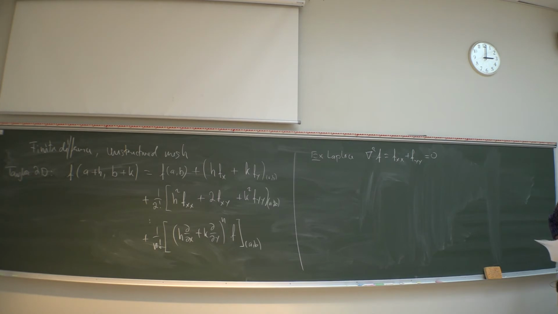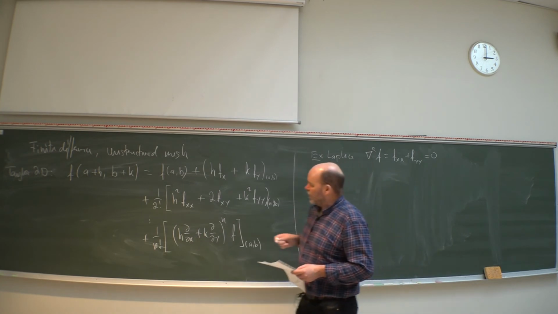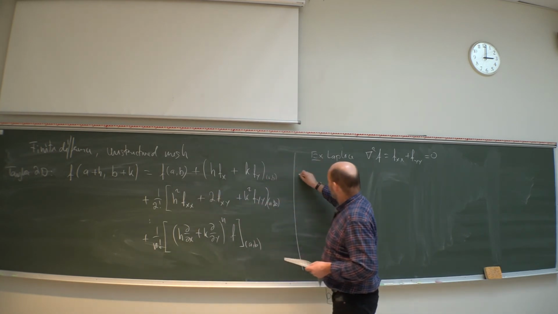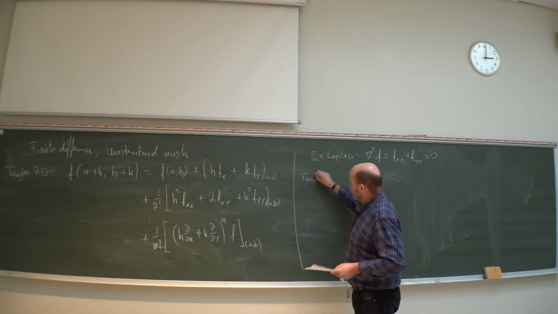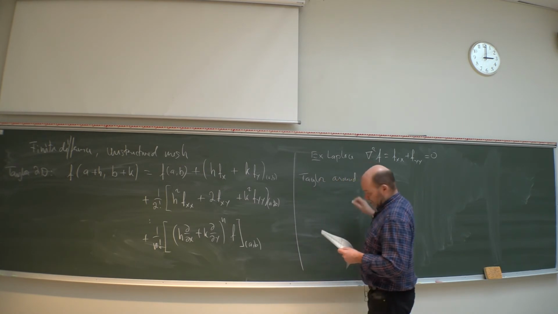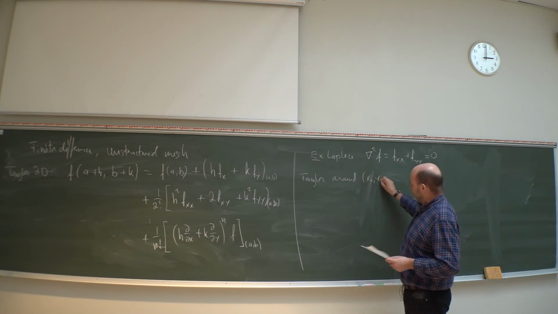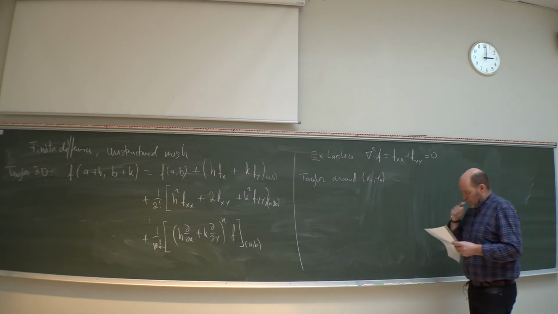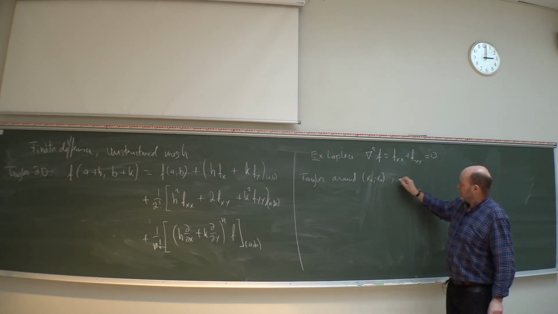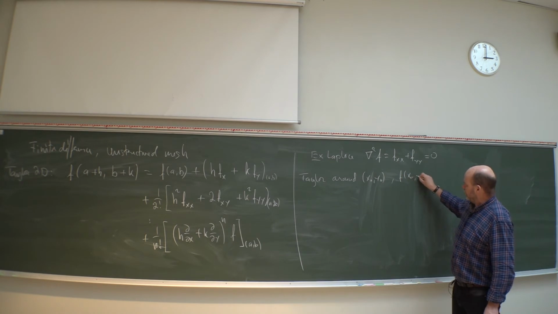And then what we are going to do, well, we take a Taylor expansion now in 2D. Taylor around, say, a single point x0, y0, and also I say f in this point.